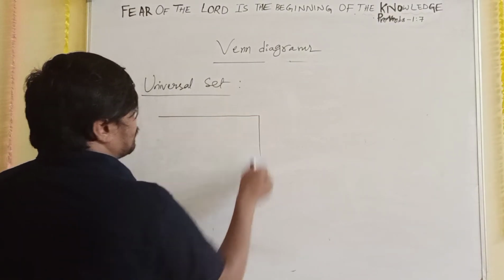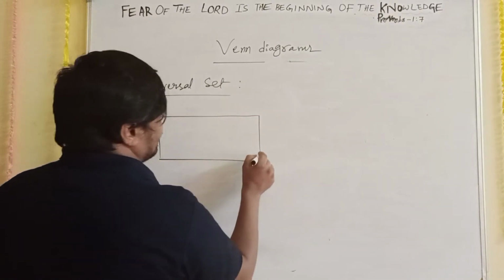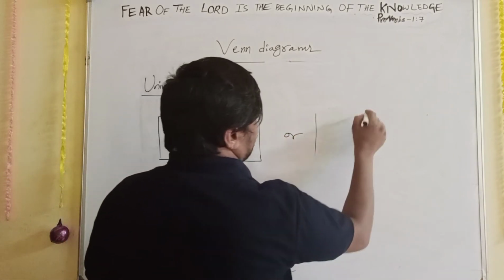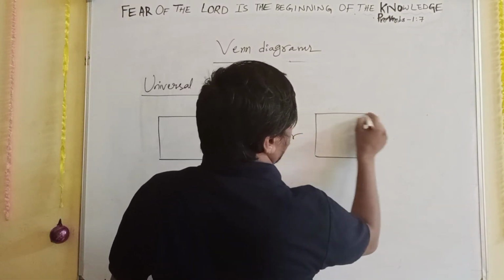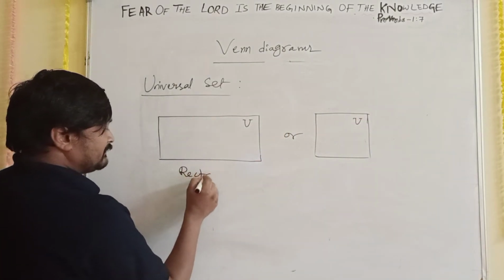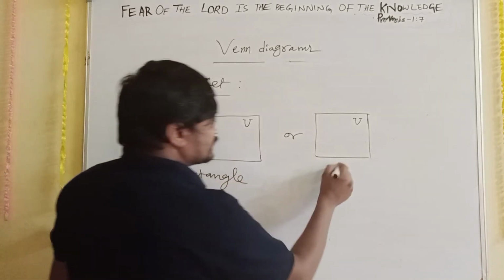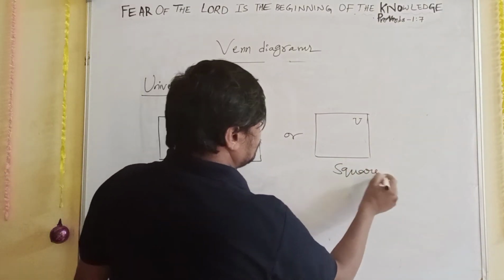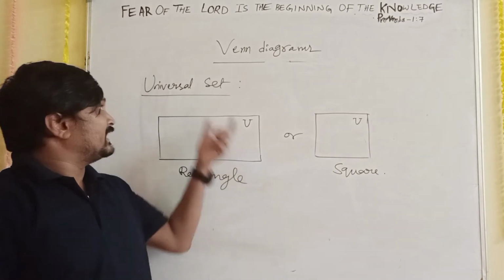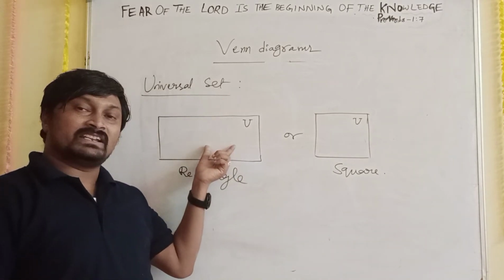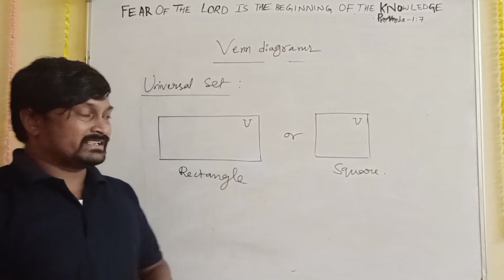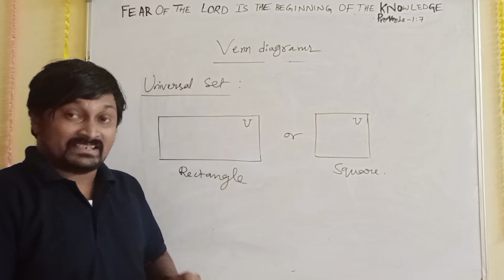The universal set is represented as a rectangle or a square in a Venn diagram.